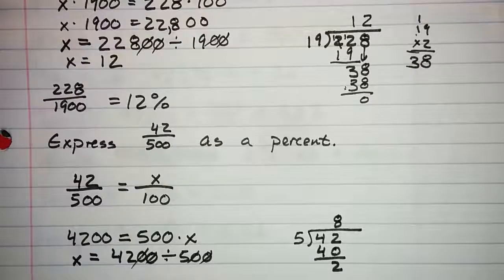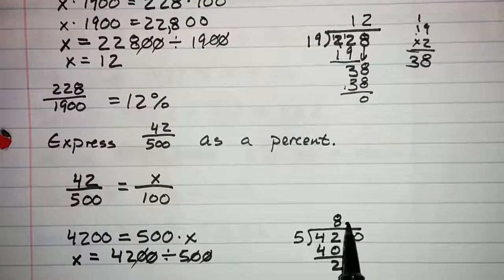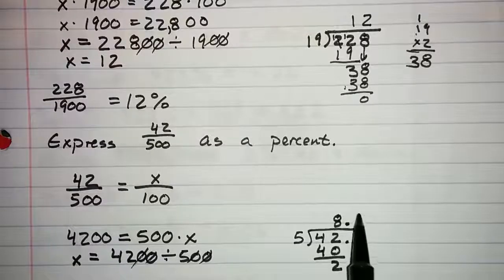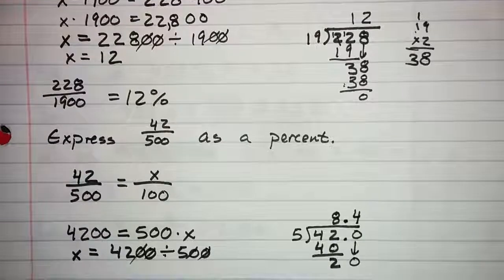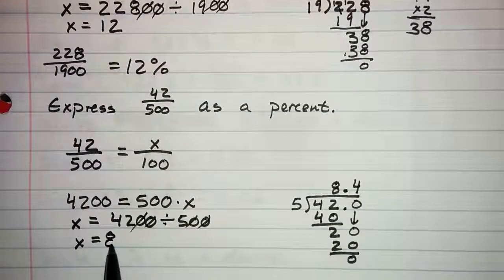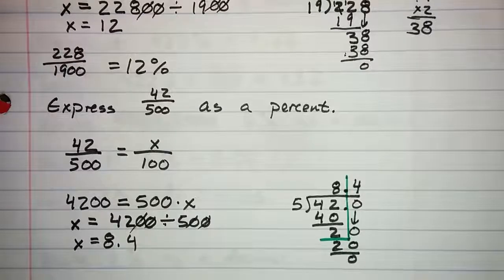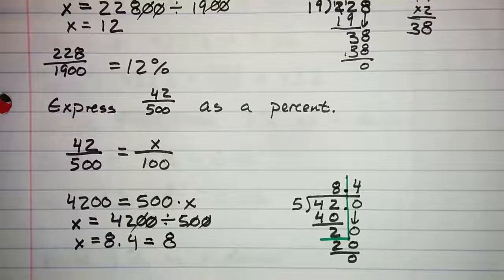I could use a fraction, but I'm in a decimal sort of mood. So I'm going to add a .0. Bring down the 0. 5 goes into 20 4 times. Nothing left. So x is 8.4. If I'd wanted to give a fraction, I would have stopped here, and I would have said 8 2/5.